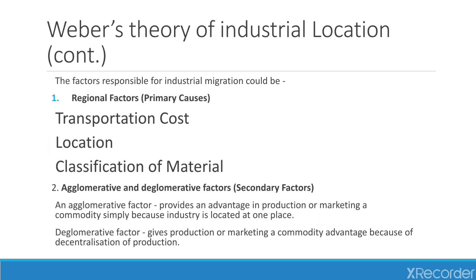Our primary factors include transportation cost, location and classification of material, while agglomerative factors provide advantages in production or marketing to a community simply because industry is located in one place, while deglomerative factors give a production or marketing advantage because of the decentralization of products.